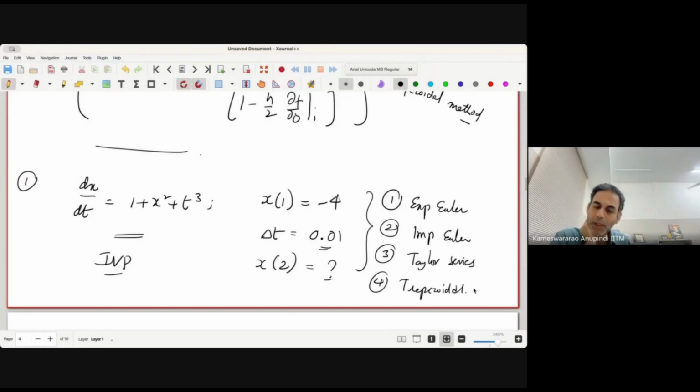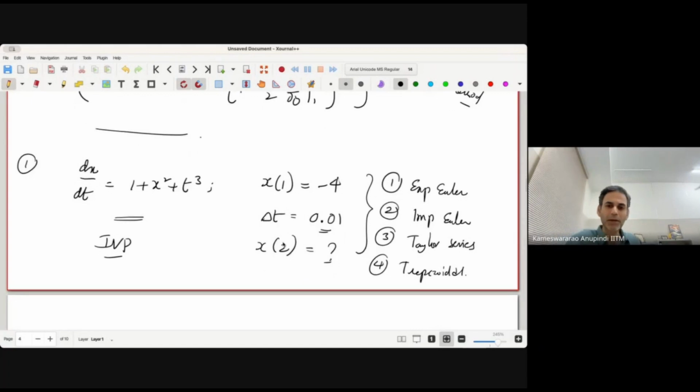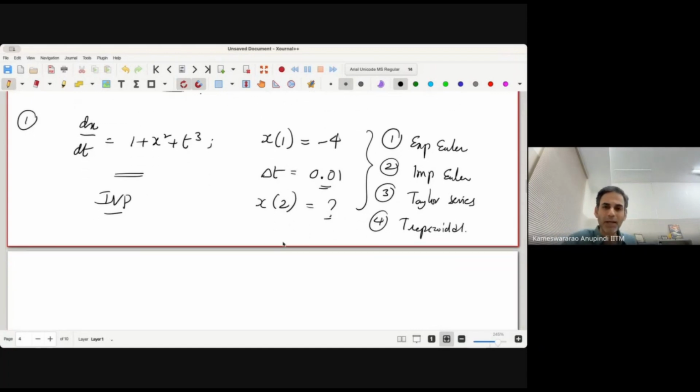We will try to do some numbers here. I may not be able to calculate all the numbers, but if you have a calculator handy, you can calculate and tell me. Let us try to do this problem using the explicit Euler method. Now what you see here is slightly different from the governing equation we have been studying. We were looking at dy dx equals f of x, y.